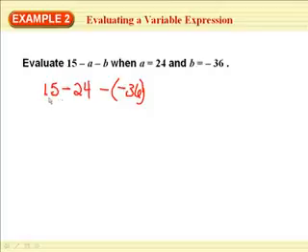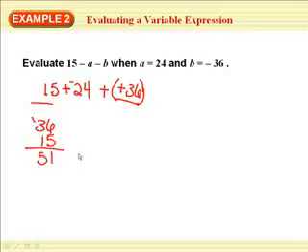So 15, I never do anything with the first number. 15 minus, so I go boom, boom, and then minus again, boom, boom. I added the opposite, added the opposite. Now I go through and like we did in the last one, I'm going to do all the positives. 36 and 15 are positive, so I add those together.